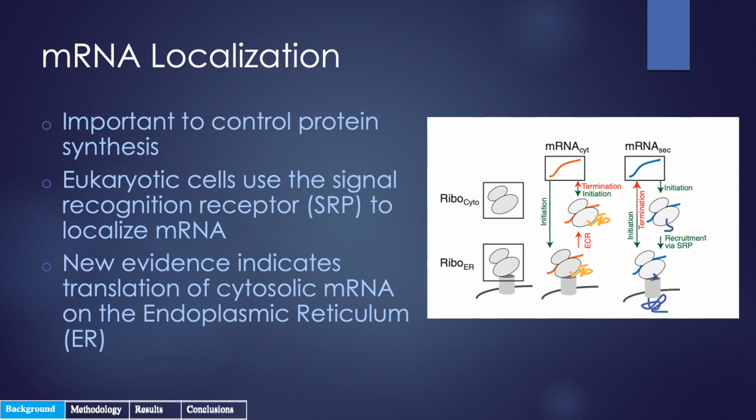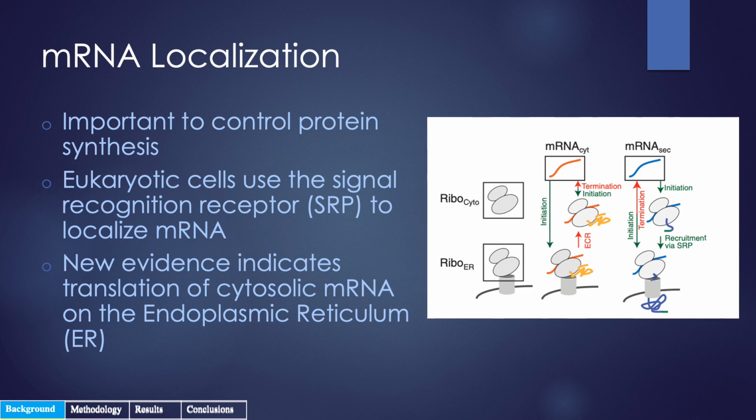So basically the main point of this article is about mRNA localization. This is important to control protein synthesis, and as we're learning in class, eukaryotic cells localize signal peptide encoding mRNAs to the ER by the signal recognition particle, or SRP, for translation.